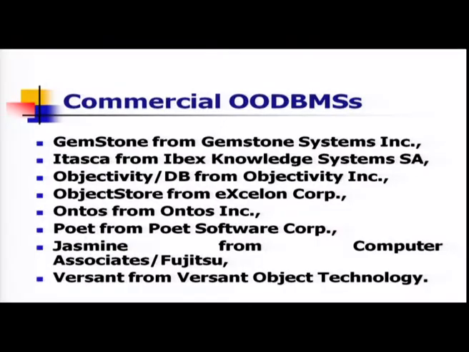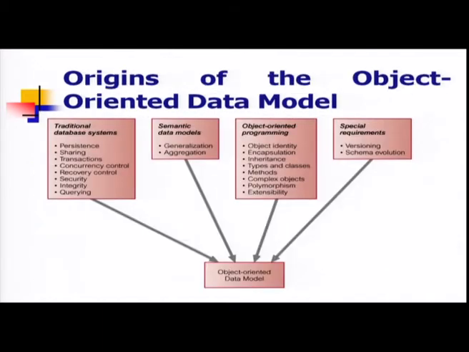I have first hand working experience on Jasmine, but then there are others, Gemstone, Tasca, Objectivity, Object Store, Ontos, Versant. Jasmine is very easy, but then it is still considered very rudimentary. At the time when I was working on it, it was a very rudimentary package, barely qualifying as an object oriented. Now I think it's very sophisticated.